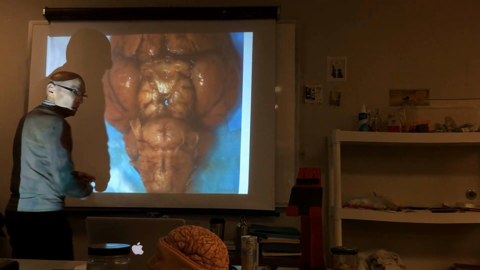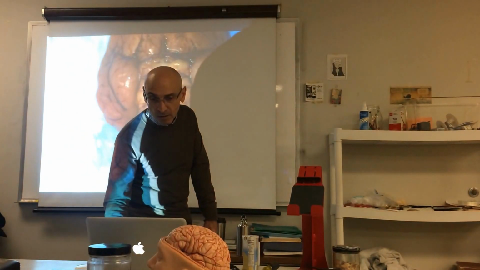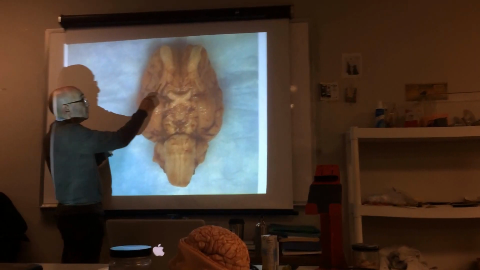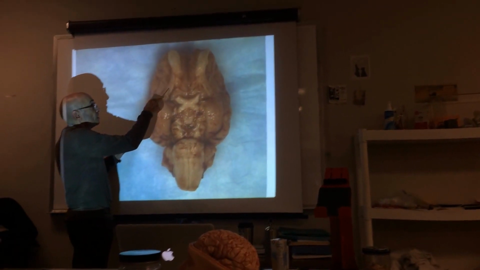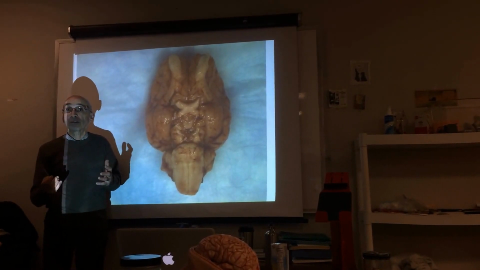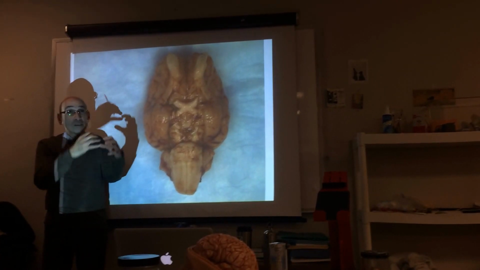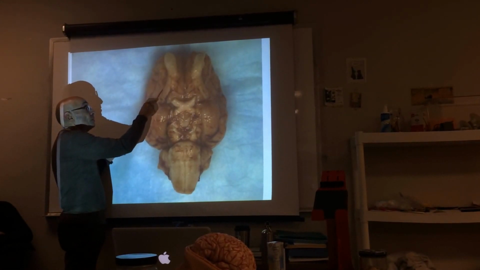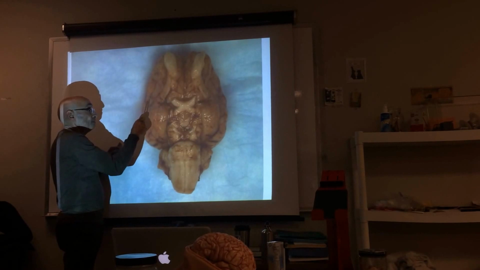Let's go back. Identify this gyrus. Lateral olfactory gyrus. Not much of a gyrus as far as gyruses go. It's not really poofy, not really high, but it is a gyrus. Identify this fissure. Rhinal fissure.